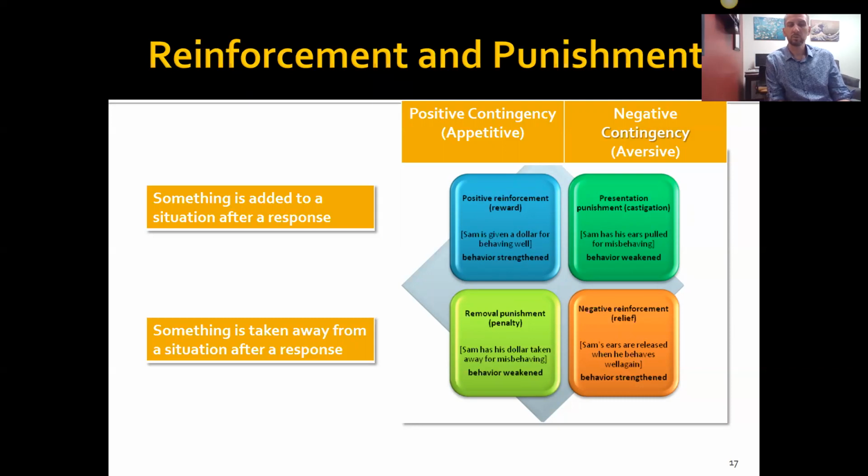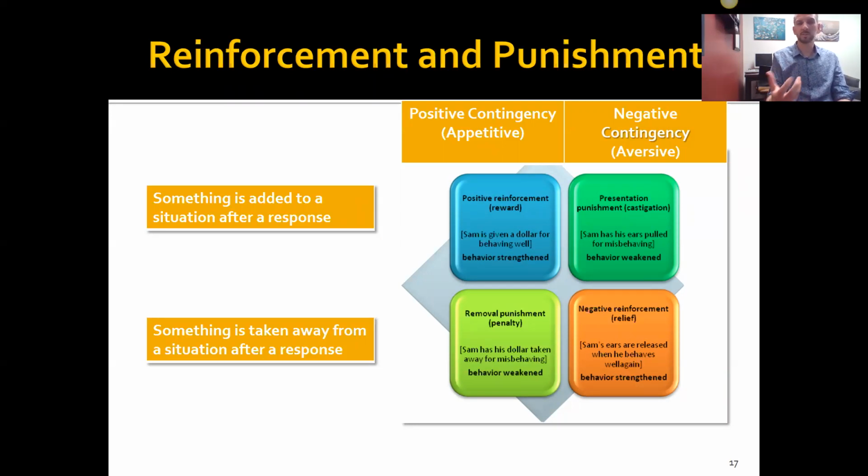So both of those are negative. Okay, so the top row is positive, bottom row is negative. Now, the columns: the first column is about what's being involved in the situation.